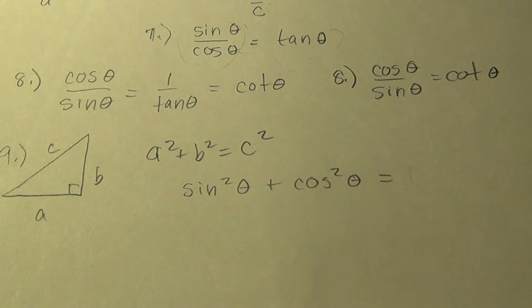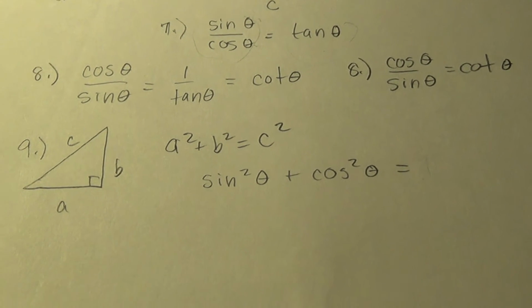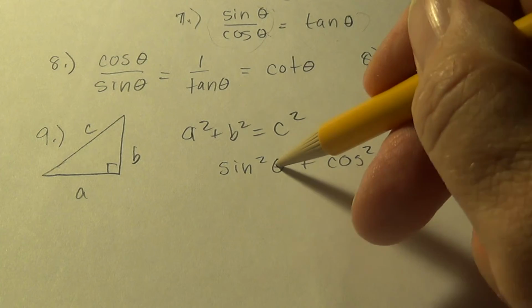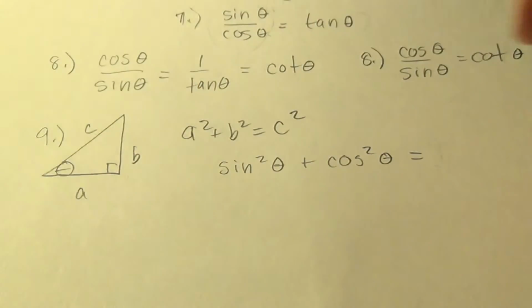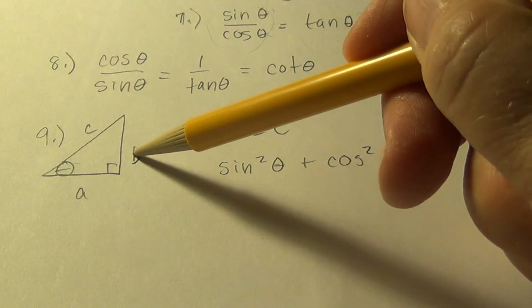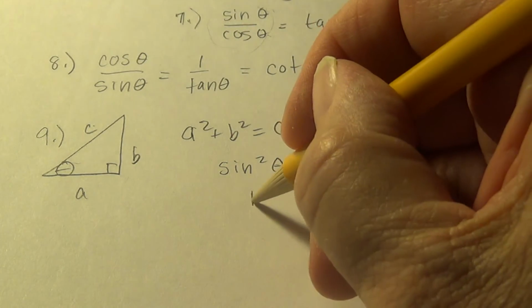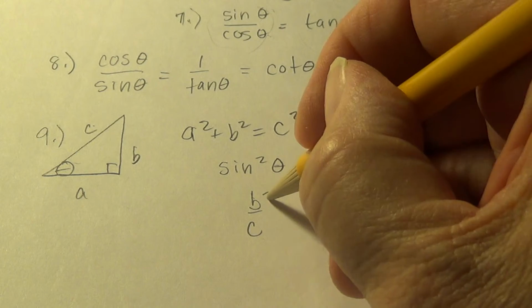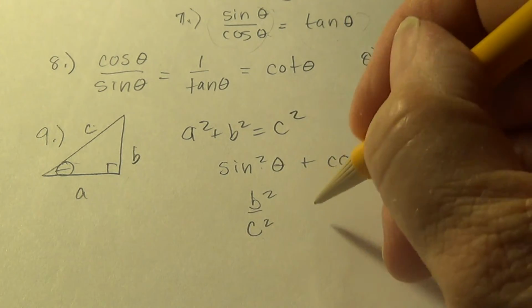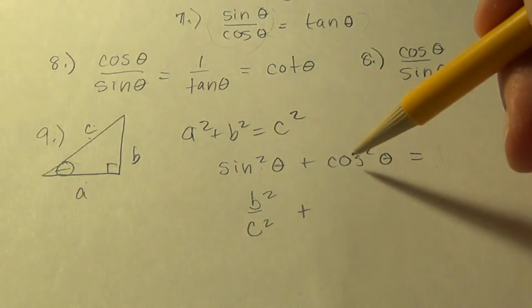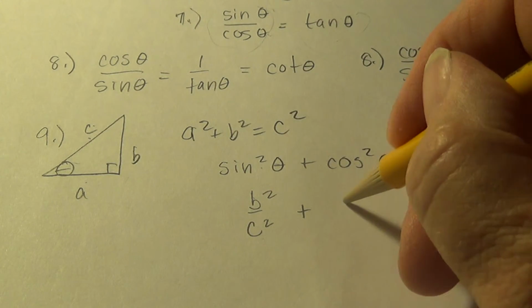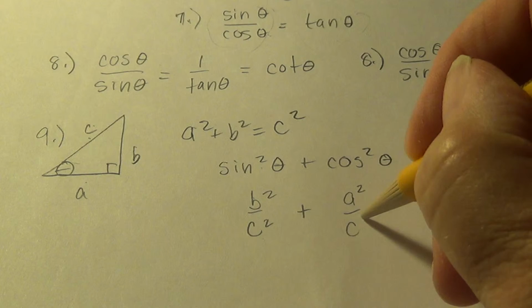Sine squared plus cosine squared is going to be developed now, not given to you. Sine squared in this triangle, here we'll use this as our theta, is opposite over hypotenuse. So we have B over C, and those are both squared because sine is squared. Cosine is adjacent over hypotenuse, so I can put in A squared over C squared.